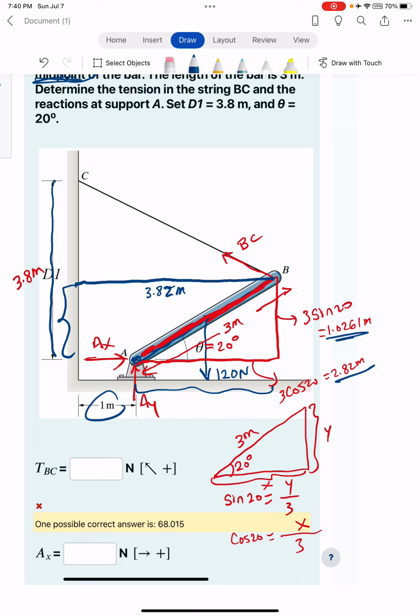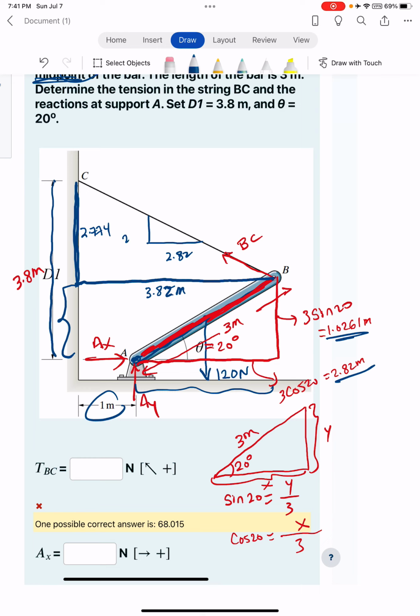So 3.8 minus 1.0261, and that is this one from here to here. It is 2.774.